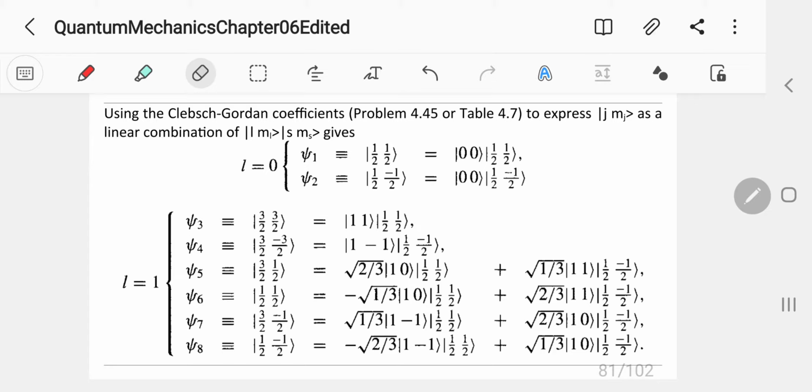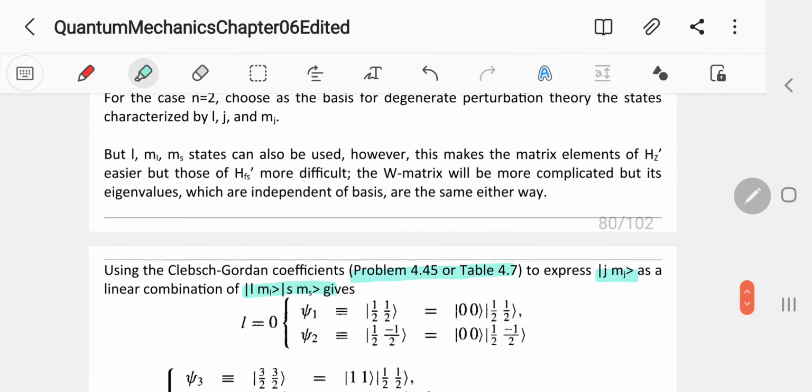Using the Clebsch-Gordan coefficients, we can go back to problem 4.45, or you can see table 4.7, and we can relate these quantum numbers to the linear combinations of L, Mj and S, Ms, so that you can relate these ones here, these ones, and this one.